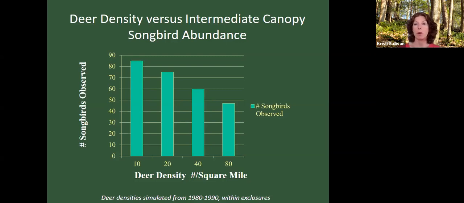So those who are in the mid-story or understory, that layer that's often missing. The deer density to the right is the highest at 80 per square mile. And you can see that basically as deer density increased, the number of songbirds that are observed decreased. So there was a direct correlation between deer density and the number of songbirds.